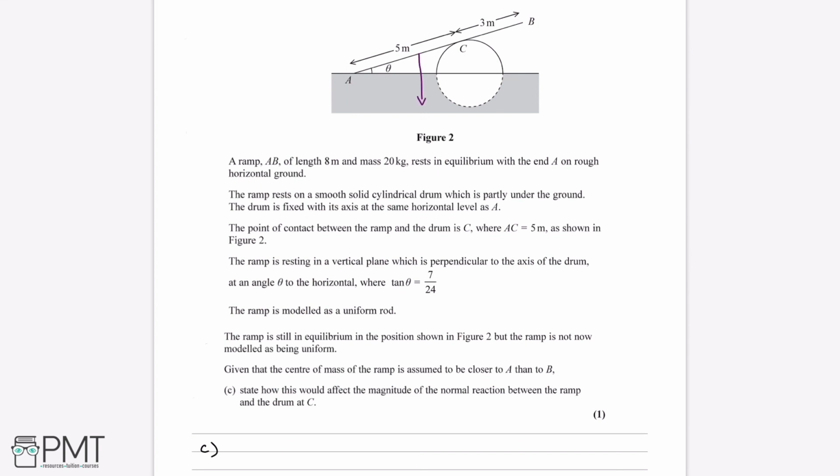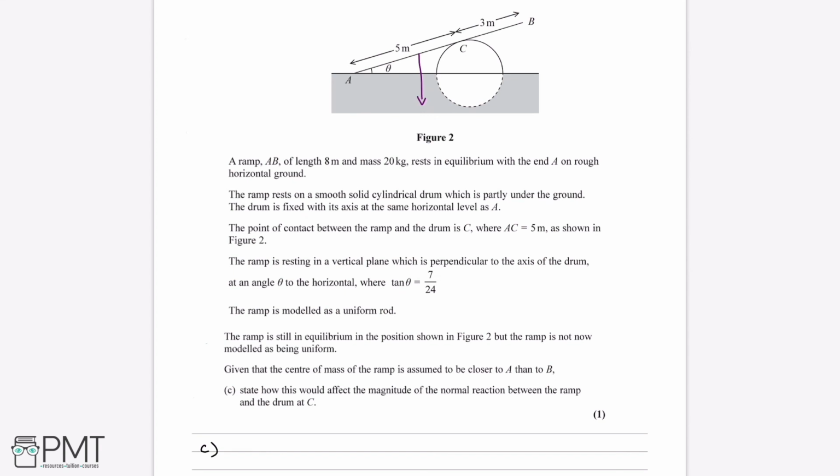It could be any place less than where it previously was, which was 4 metres along. So if this was where it used to be, and we've now moved it closer to A than it is to B, then we know that this is now where the centre of mass acts.